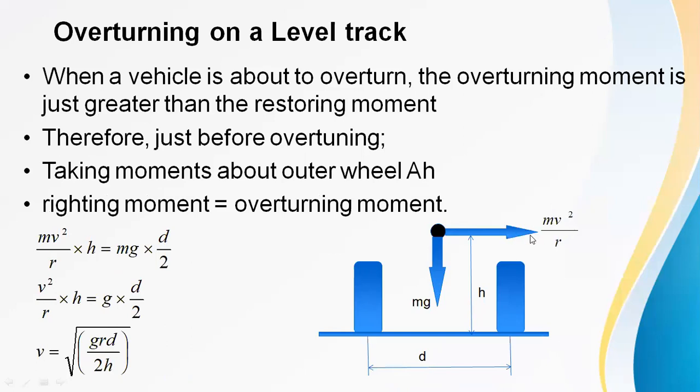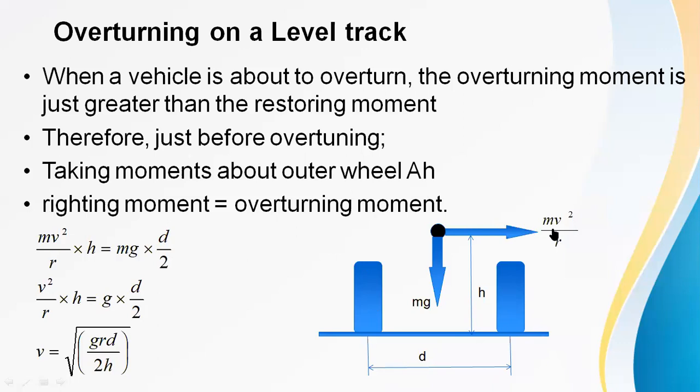So the two forces at play are the centrifugal force and the weight, and they create moments about this outer wheel. If it has to overturn, this will be the turning point, with tipping over of the inner wheel, and you see things happening just like that. So I'll take moments about the outer wheel.